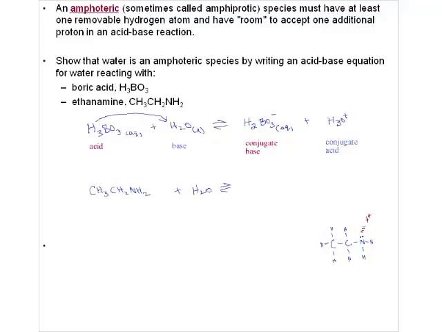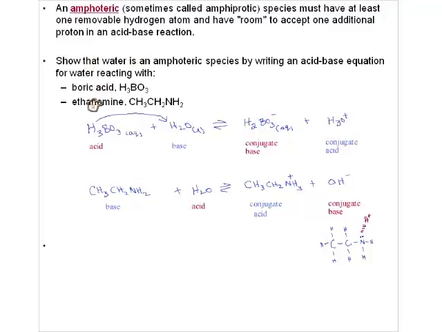So what we're seeing in this case is CH3CH2NH3+ produces OH minus. So it's able to act as a base because it's able to attract the hydrogen right here on the nitrogen. And in that case, the water acts as an acid.